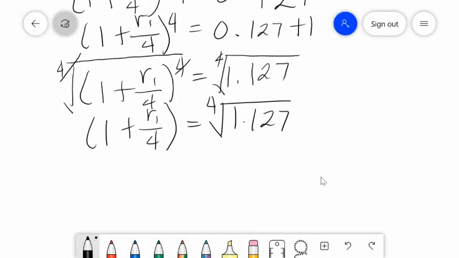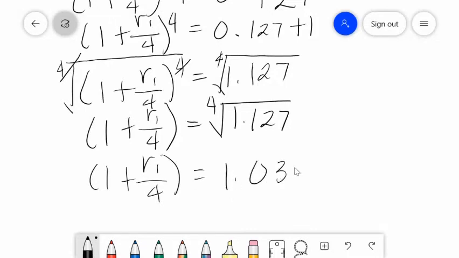So, what is the fourth root of 1.127? One plus R1 over 4 is equal to 1.030.